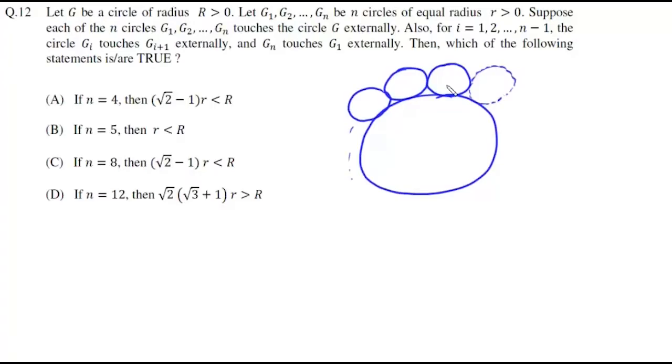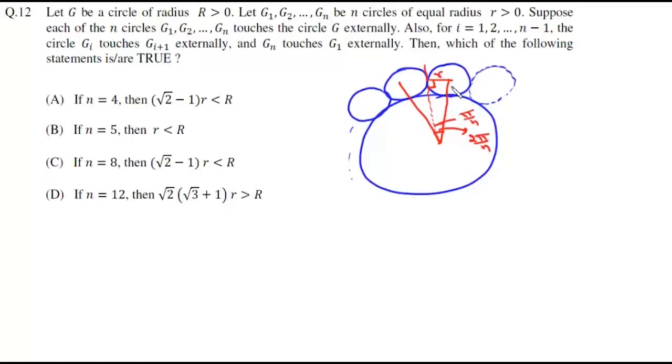Now if we look at any two circles, this angle will be simply 2 pi by n. Now if we look at this triangle, this half angle will be simply pi by n.